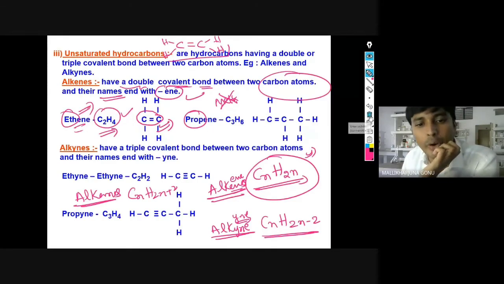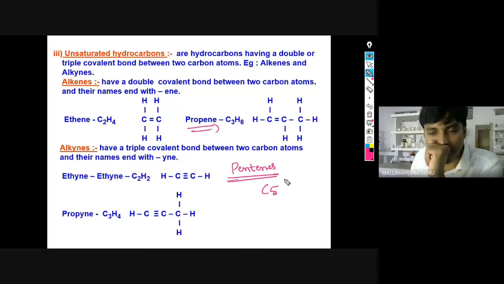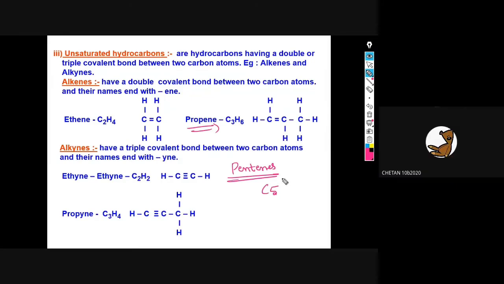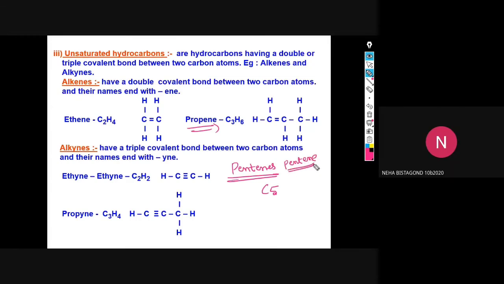And another important point I will tell. If so many carbons are there, for example pentene, I will write the structure of pentene. Can anybody tell me the formula of pentene? C5. Tanya, what is the formula of pentene? C5H12.